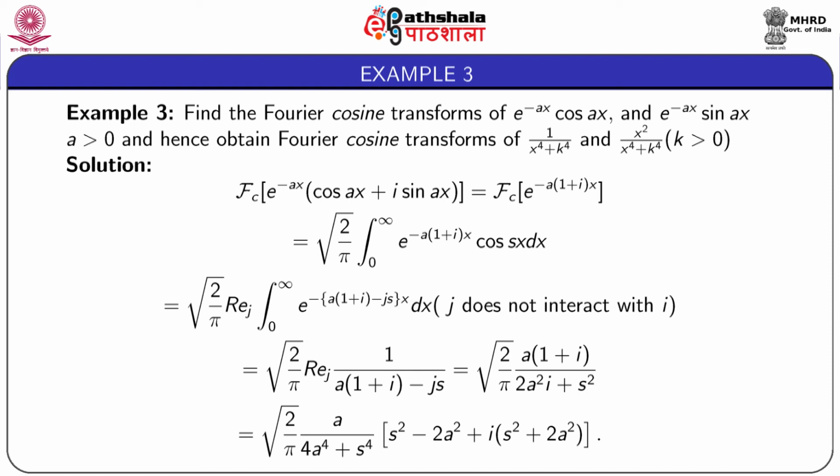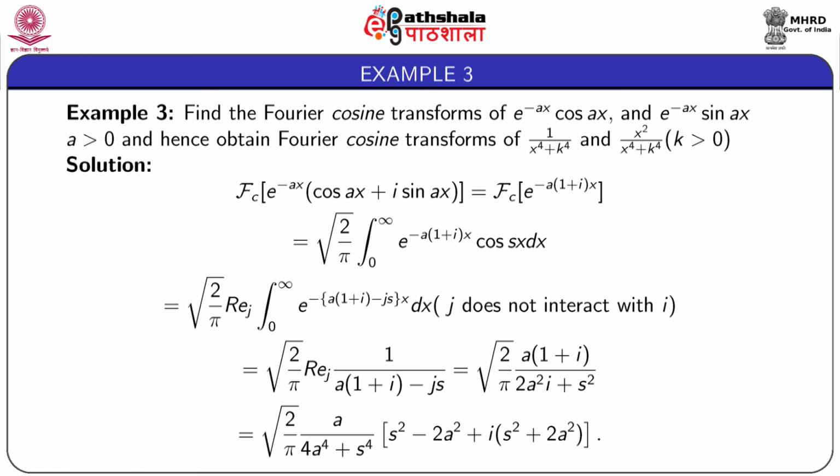So that we can write the Fourier cosine transform of e to the power minus ax (cos ax plus i sin ax) as root over 2 by pi real part with respect to j of the integral 0 to infinity e to the power minus (a(1 plus i) minus js)x dx.